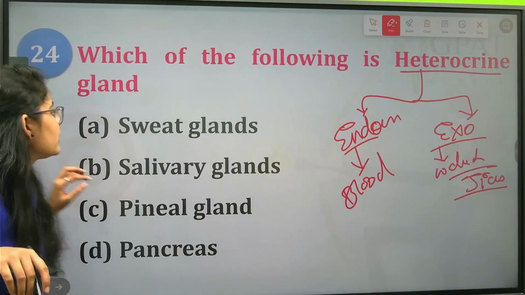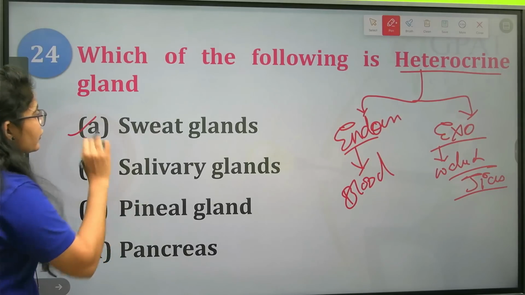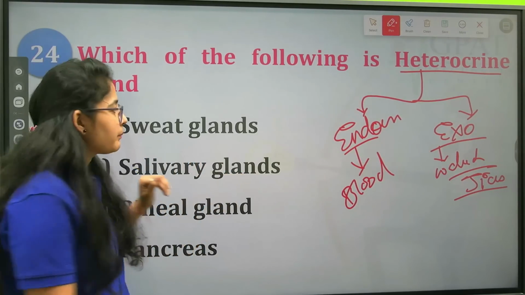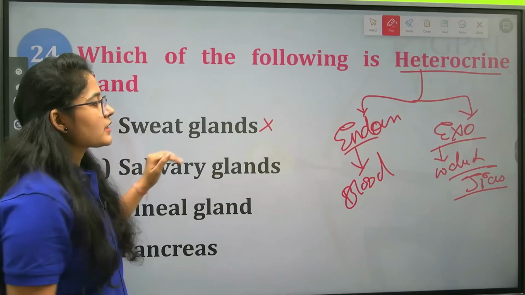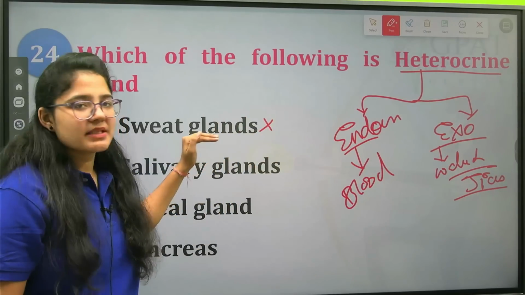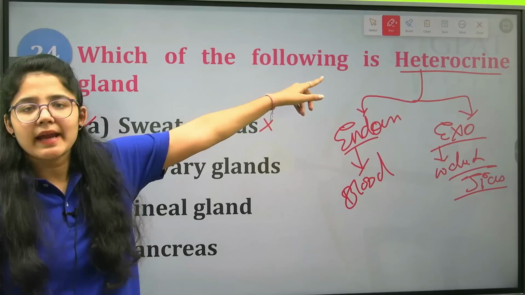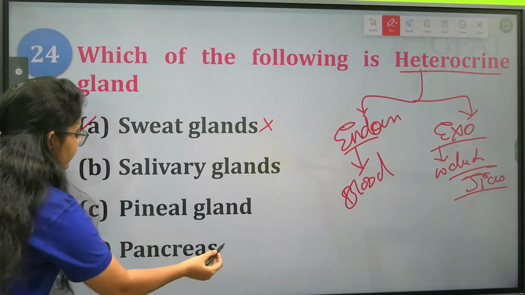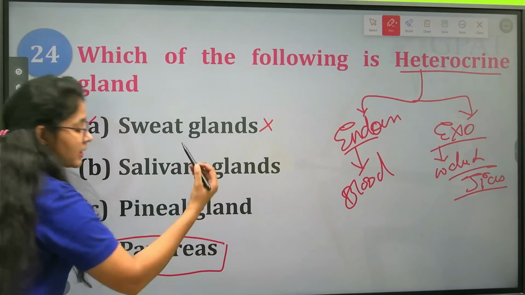Okay, now the sweat gland produces sweat. Does it have any relation with your blood? No. So this is not endocrine but exocrine. So it is not a heterocrine. We need the organ that is both. So we have our pancreas. How?